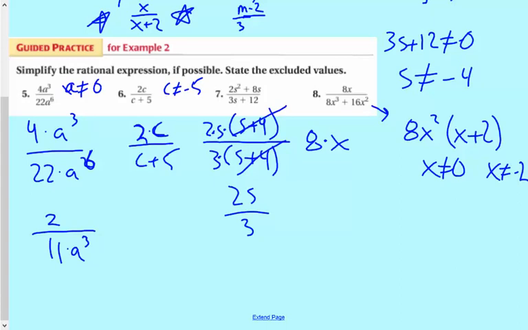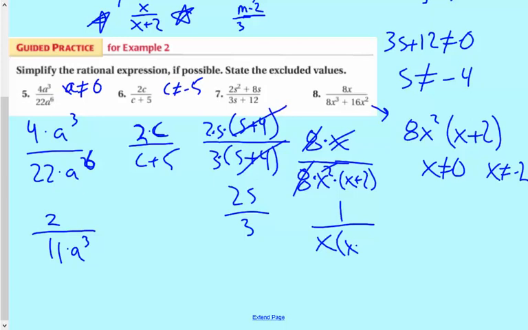I have 8 times x over 8 times x squared times x plus 2. The 8 divided by 8 is 1. X divided by x squared is x on the bottom. So my final answer, there's a 1 left on top. There's nothing there, but there is a 1. And then on the bottom, I have x times x plus 2. And you can leave it in factored form.